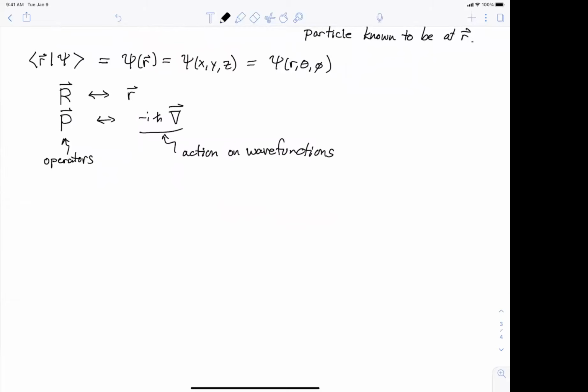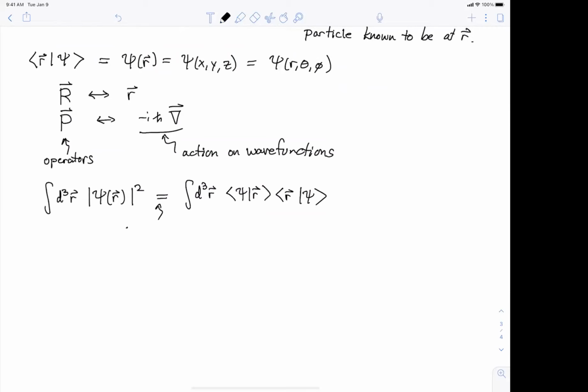Okay, and so then there are things like what happens if we integrate over the whole universe of the wave function complex squared? And to answer that, we can first put in the definition of a wave function to write it like this. Okay, so this was the definition of the wave function.